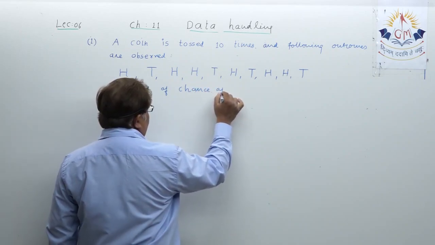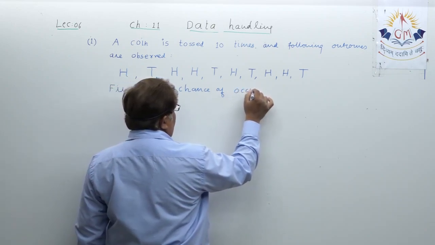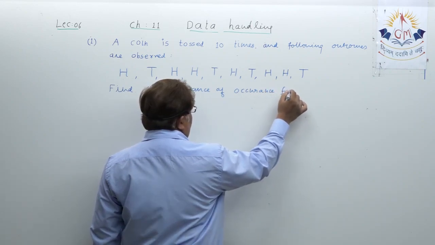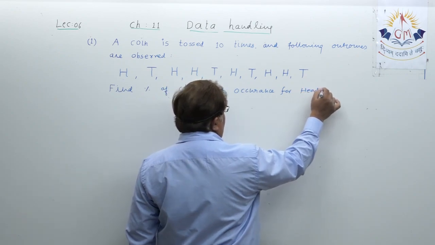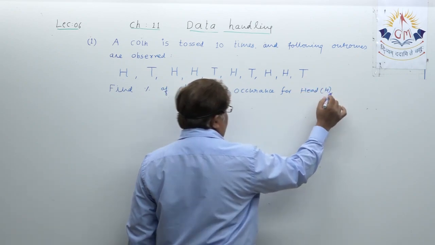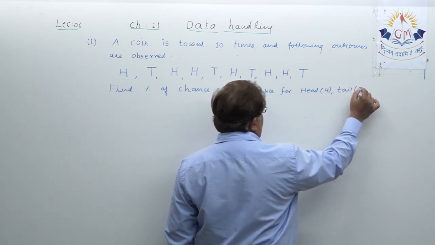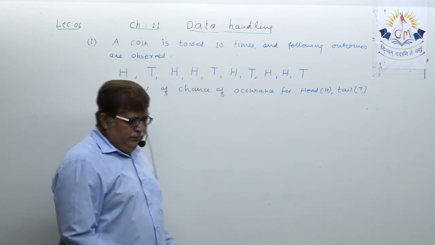percentage of chance of occurrence for head, H, and tail, that is T. Okay. So first you understand the question.